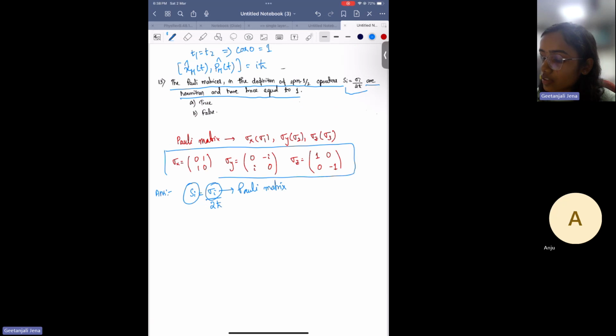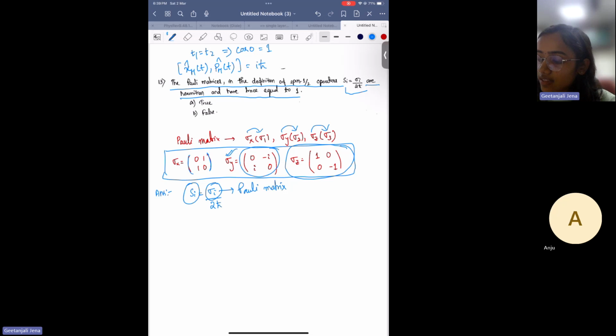If you have 3 dimensions, then you have sigma x, sigma y, sigma z, which you can also take as sigma 1, sigma 2, sigma 3. So the matrix representation for sigma x is 0, 1, 1, 0. For sigma y, it is 0, minus i, i, 0. And for sigma z, it is nothing but 1, 0, 0, minus 1.